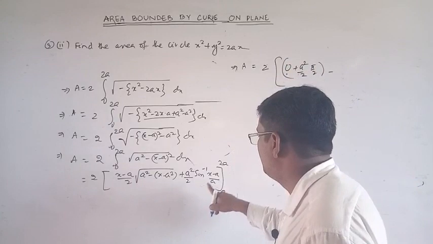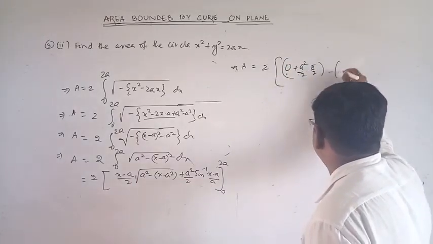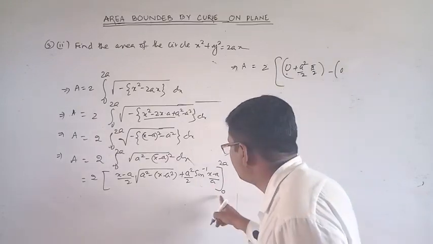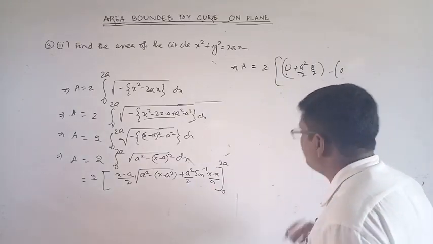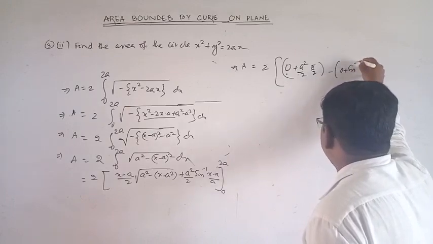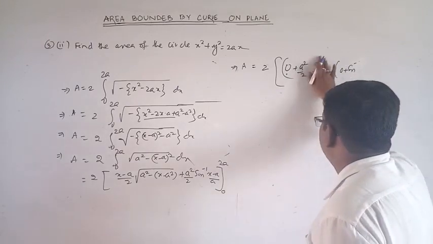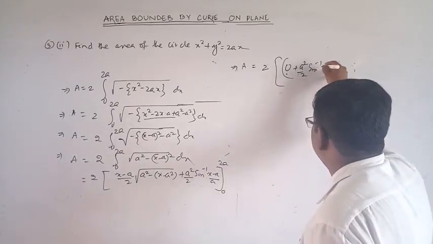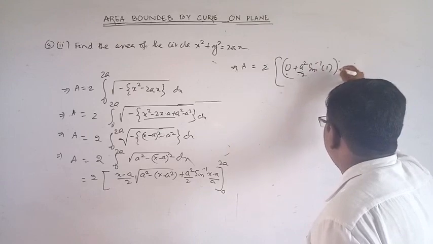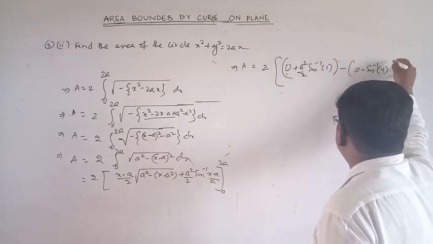So the first term is 0, and the second is a square by 2 sin inverse of minus 1. So this is sin inverse 1 minus sin inverse minus 1.